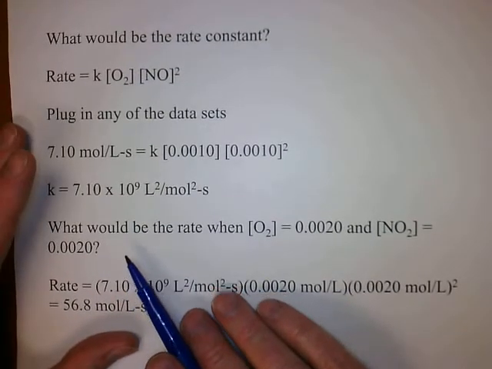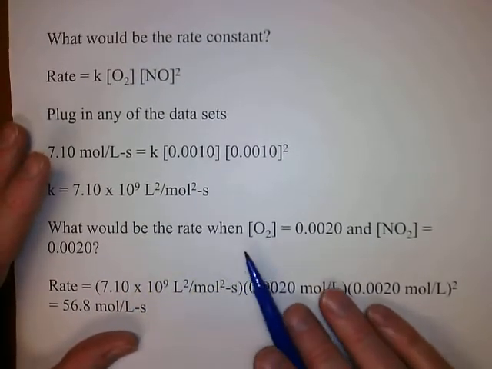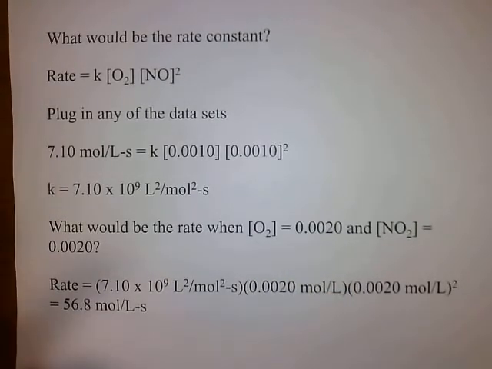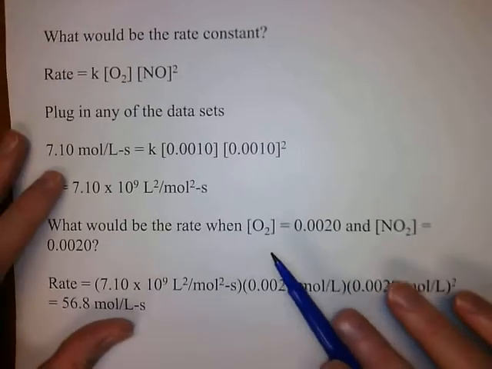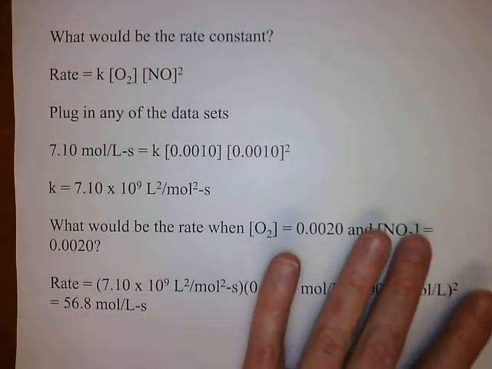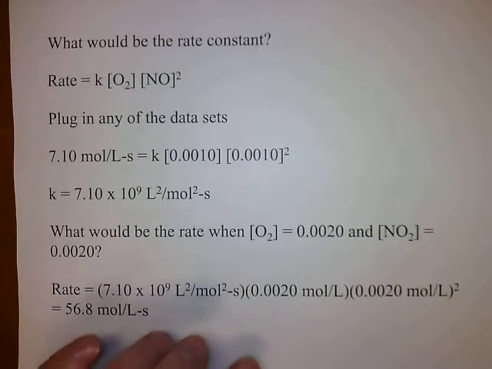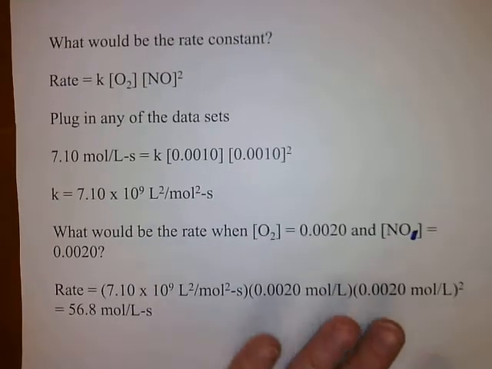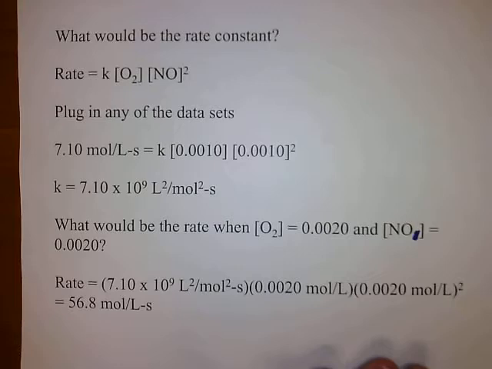So for example, what would be the rate of reaction when both concentrations are 0.0020? In other words, when oxygen was 0.0020 and nitrogen dioxide was 0.0020. That should be NO, actually. Okay, so suppose both concentrations were 0.0020.